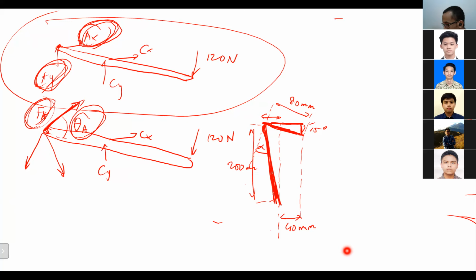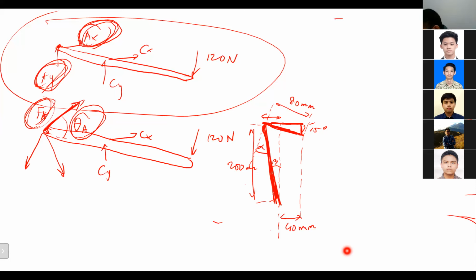The arcsin. No, it's not alpha, it's beta here. Sir, it's the same as alpha.